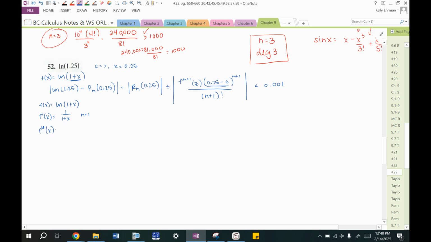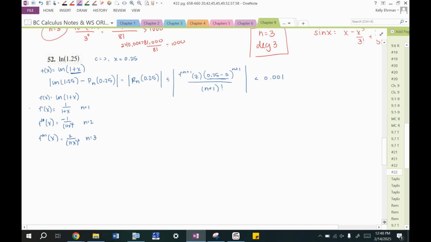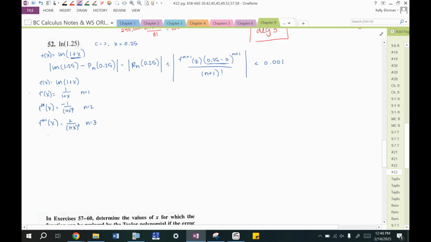So the second derivative, because this is 1 plus x to the negative first, would be negative 1 over 1 plus x squared. That's for n equals 2. For the third derivative, this would be positive 2 over 1 plus x cubed. And the nice thing about 1 plus x is that there's no chain rule needed because the derivative of 1 plus x is 1.